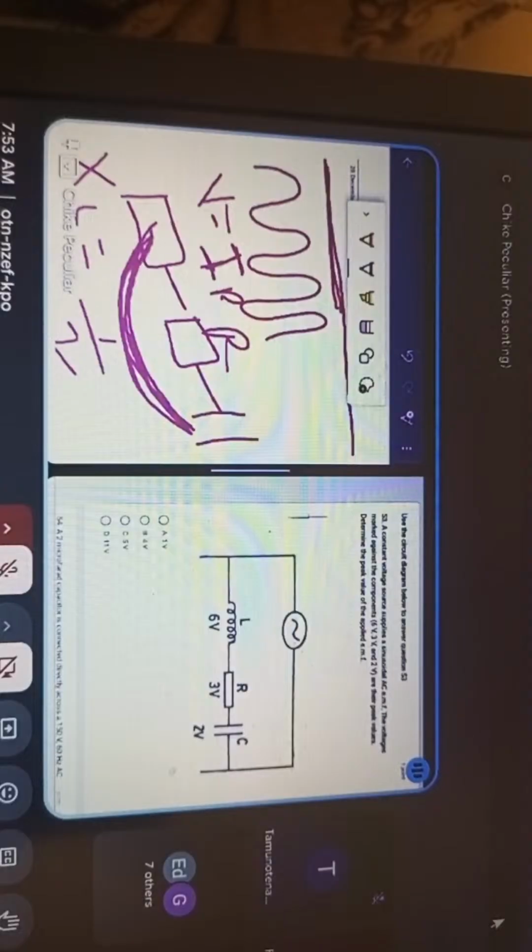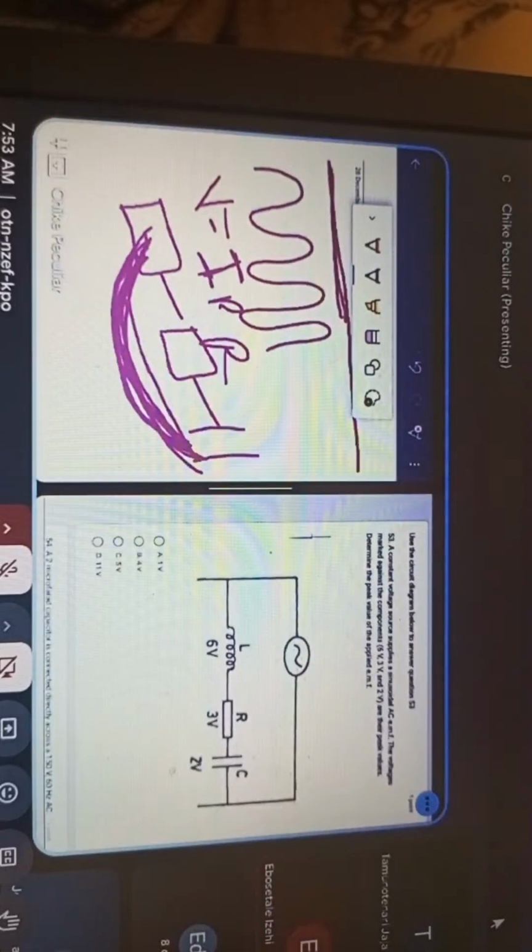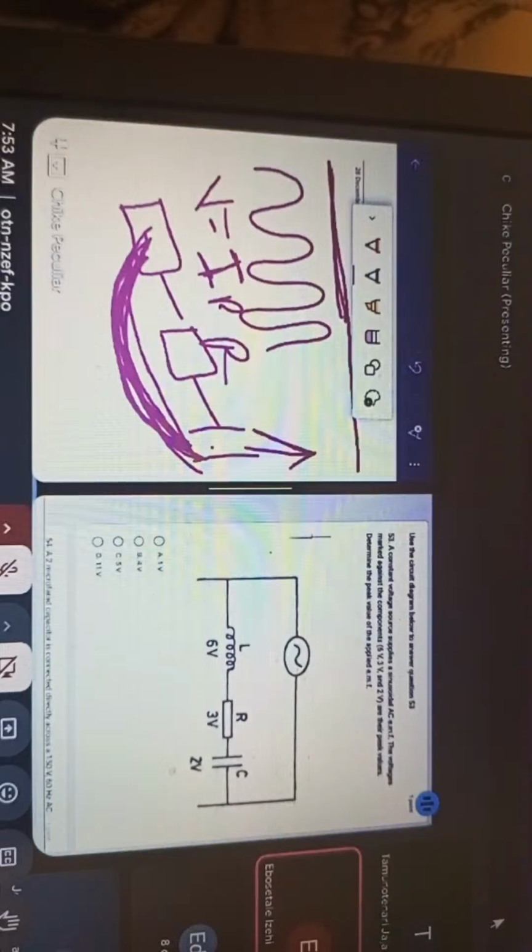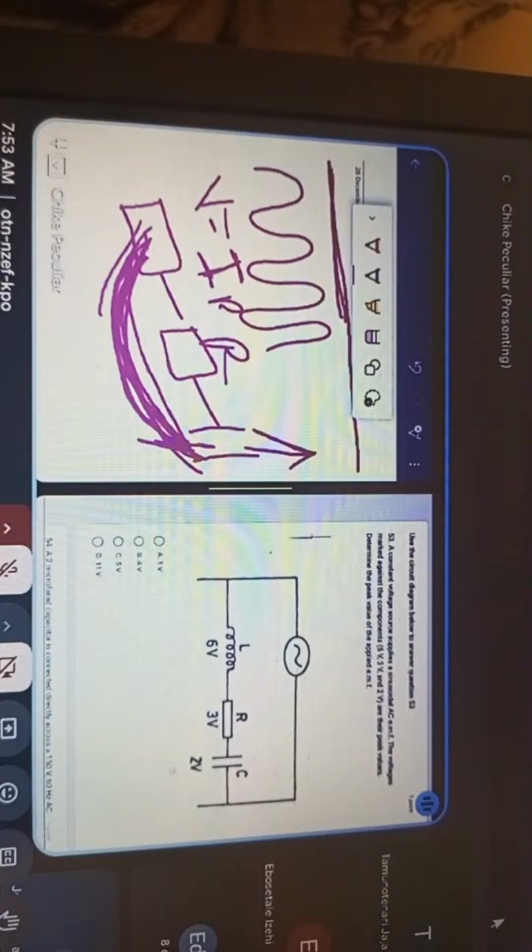So that means they are working in opposite directions. So to get the effective voltage flowing through them, you need to subtract. Since a capacitor primarily stores charges, you have to subtract the charge flowing through it from the inductor.